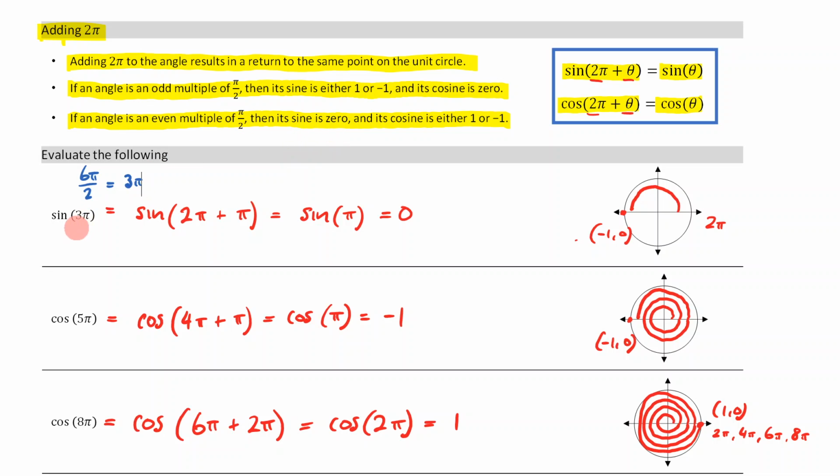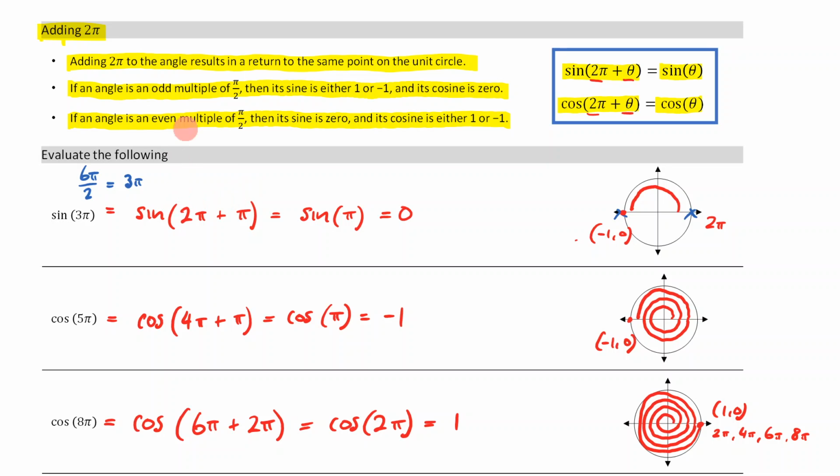We know that this is the case because for sine of 3 pi, or 8 pi or something like that, I'm either on here or here. And for sine, I know that it's going to be 0 because I'm never 1 or negative 1 when I'm here.